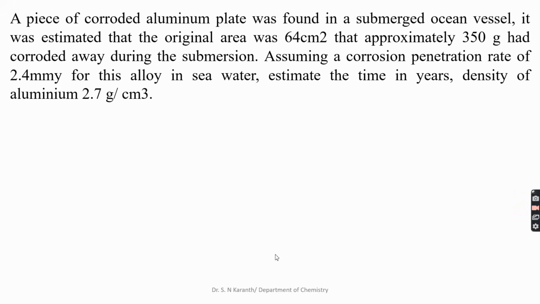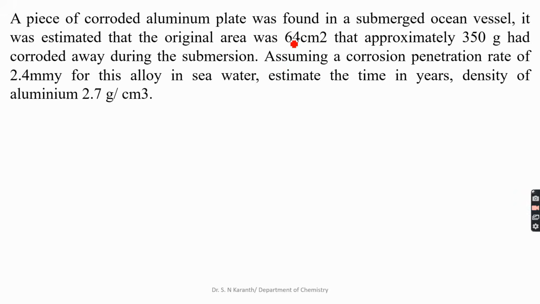Assuming a corrosion penetration rate of 2.4 Mmpy for this alloy in seawater, estimate the time in years, given the density of aluminium is 2.7 gram per cm cube. Here also you have to calculate the time required to decay that particular metal.